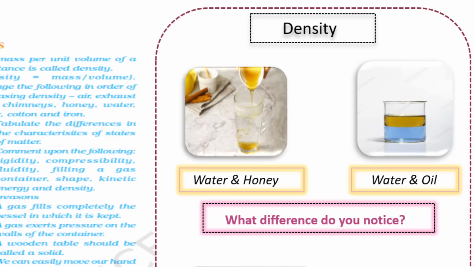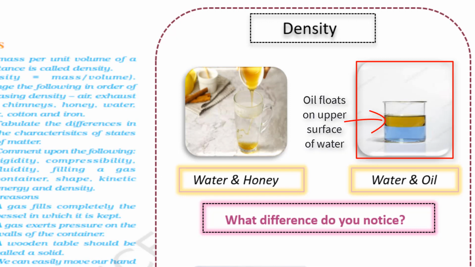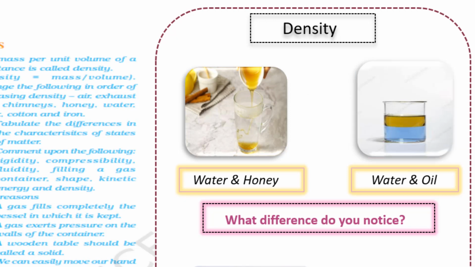Is it the same in case of oil and water? No, you are right. When you try to dissolve oil in water, you will never find it going to the bottom like honey. Instead, oil is always found to float on the upper surface of water.